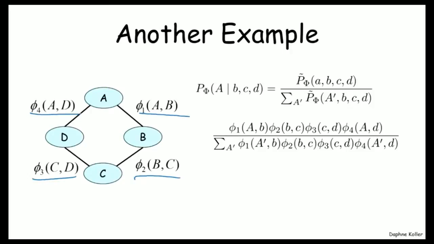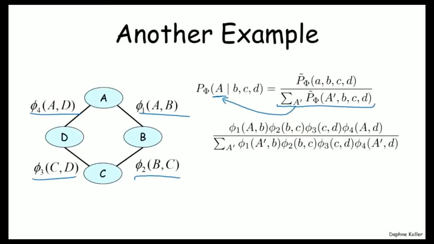And let's imagine that we're trying to compute P phi of A given B, C, and D. And we can see that what we have here is P tilde phi of A, B, C, D divided by the sum over A prime, and I'm using A prime to distinguish it from this A over here just to avoid ambiguity, of P tilde phi of A prime, B, C, D.